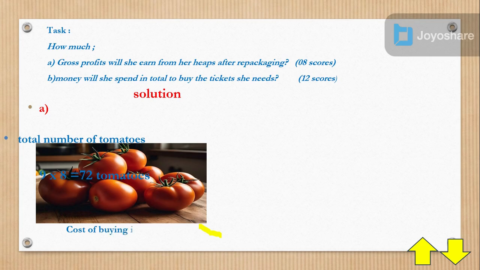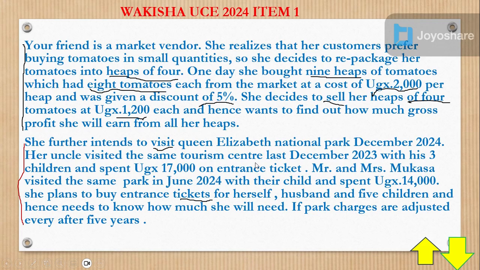So cost of buying items, at what price did she buy the tomatoes? She bought each heap at 2,000 shillings, which is seen here. So she bought 9 heaps of tomatoes, which had 8 tomatoes each, from a market at a cost of 2,000 shillings per heap.